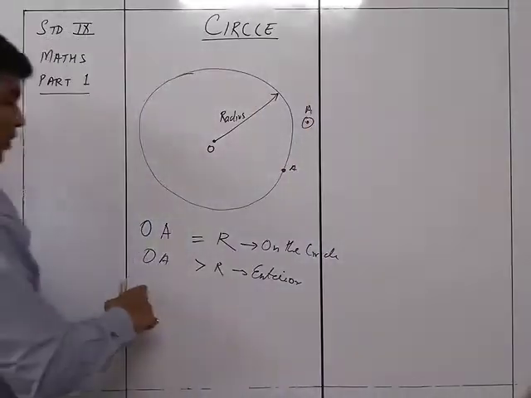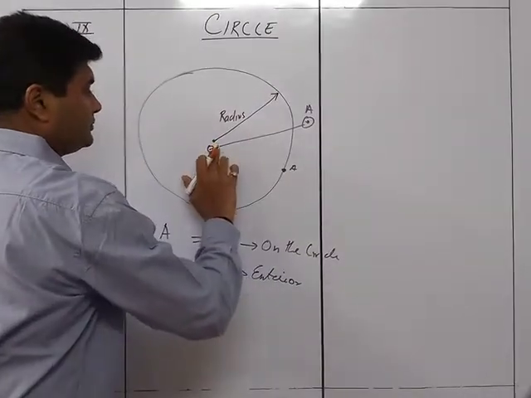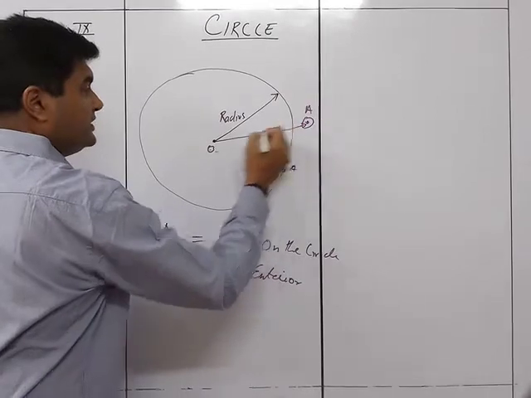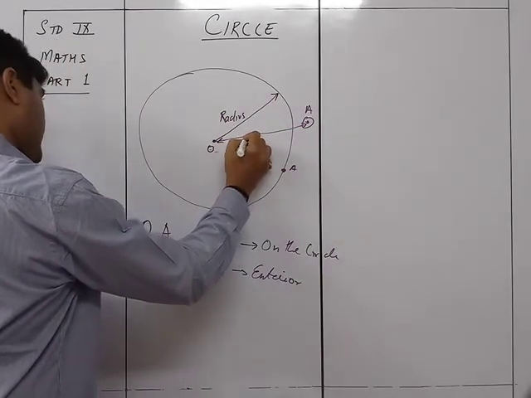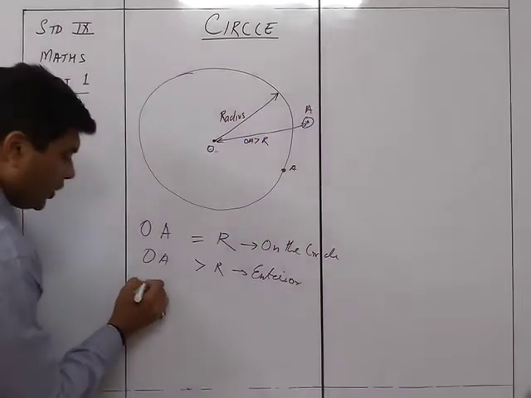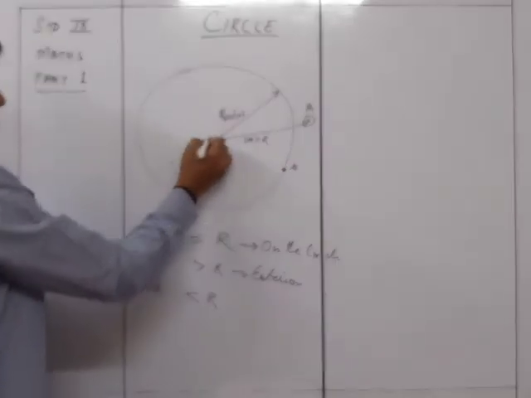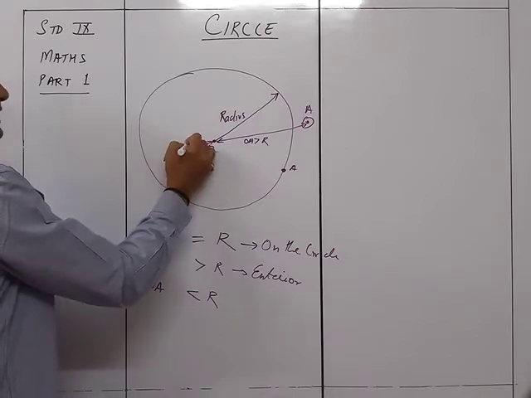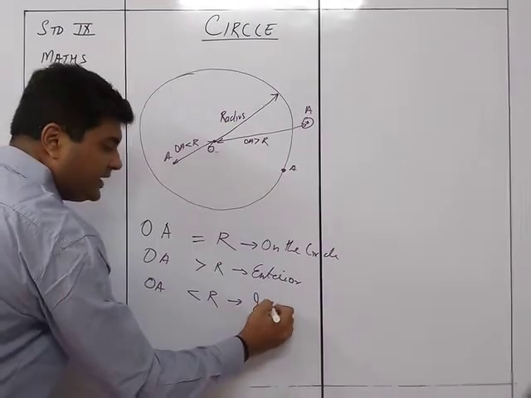So if OA is greater than the radius, the point is in the exterior. And if OA is less than the radius, that is somewhere here, then the point A is in the interior of the circle.